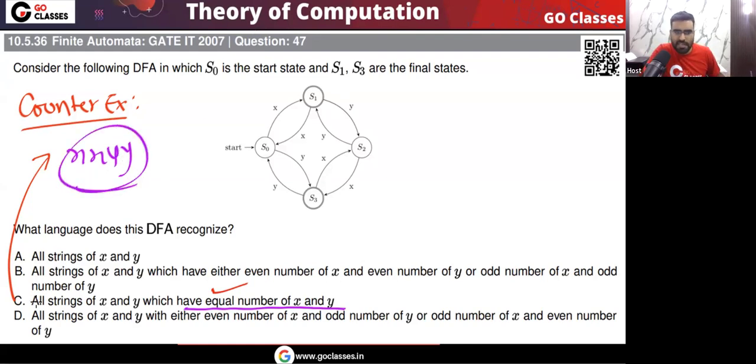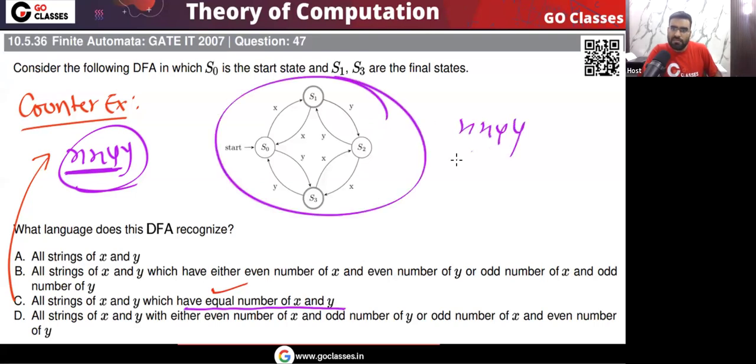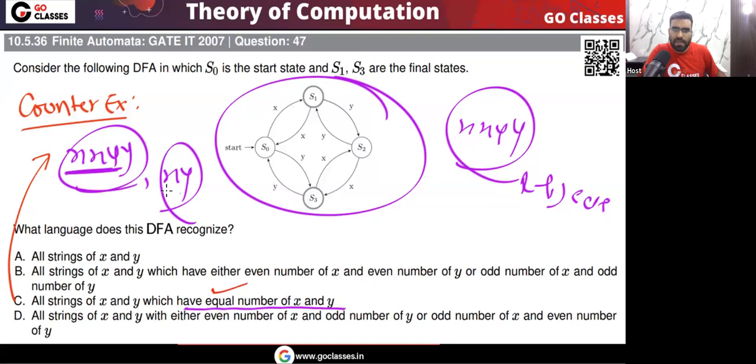Option C says all strings of X, Y which have equal X and equal Y are accepted. But this is rejecting XXYY. This is rejected. You can simply see that here there is equal X, equal Y, but this is also rejected. So these are the counterexamples for option C.